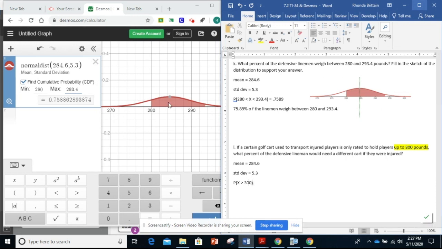And I'm going to show you the sketch here in just a minute, but if I look at this curve right here, 300.5 is actually 3 standard deviations above the mean. So 300 is going to fall just below that. So this is likely going to be a very small shaded area of players who would have to have a different cart.